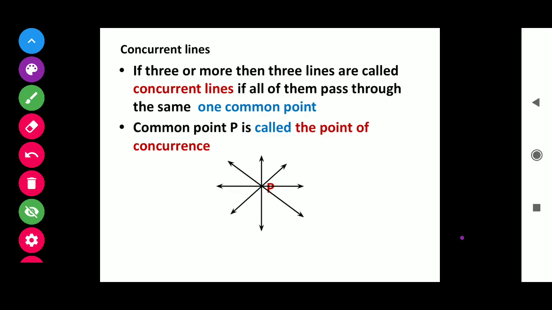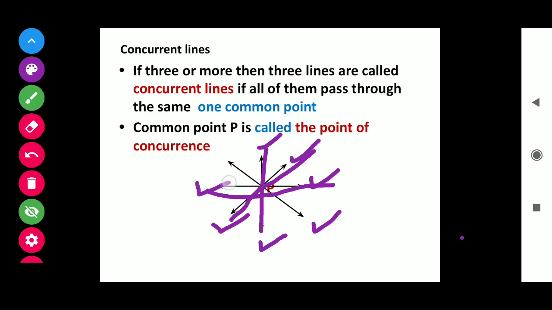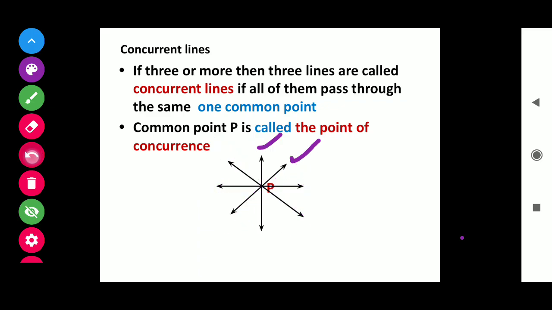But here you can see these 1, 2, 3 and 4 lines intersecting each other. So when 3 or more than 3 lines all pass through the same common point, they are called concurrent lines.